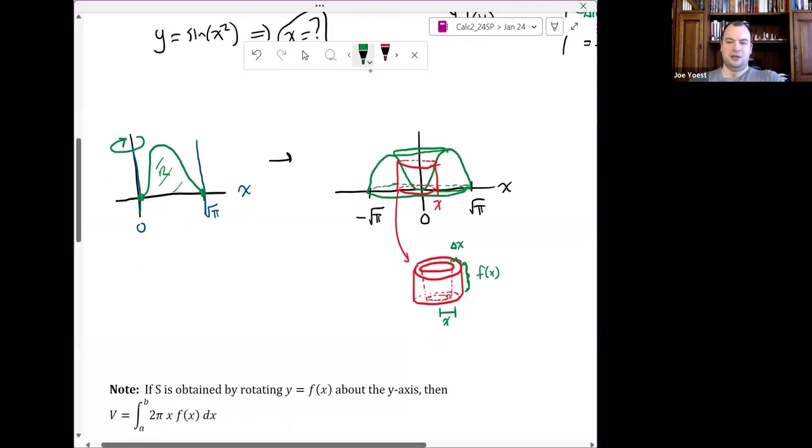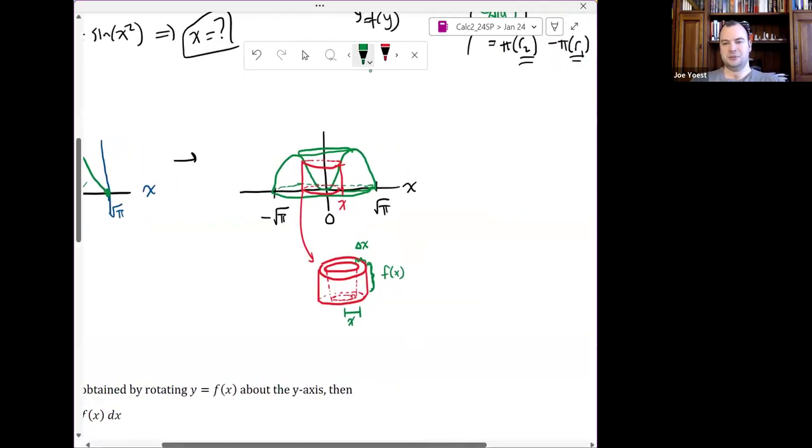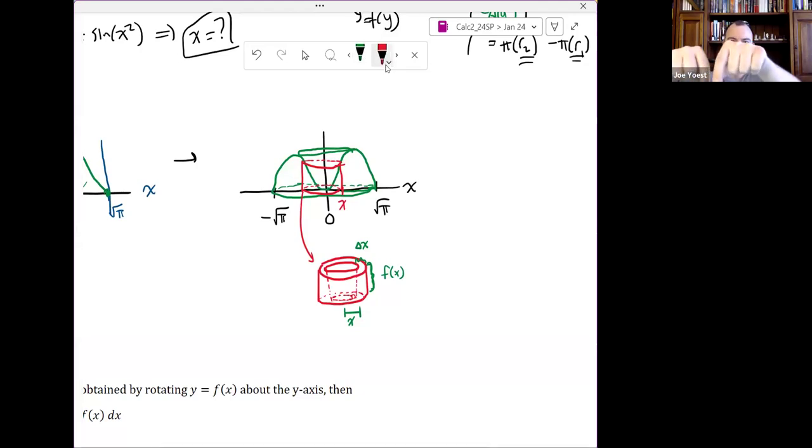What's the volume of such a shell? I can imagine I have this cylinder. I can think of taking scissors and cutting one side of it and laying it out flat. When I do that, I end up with something that's like a cuboid, like a box.